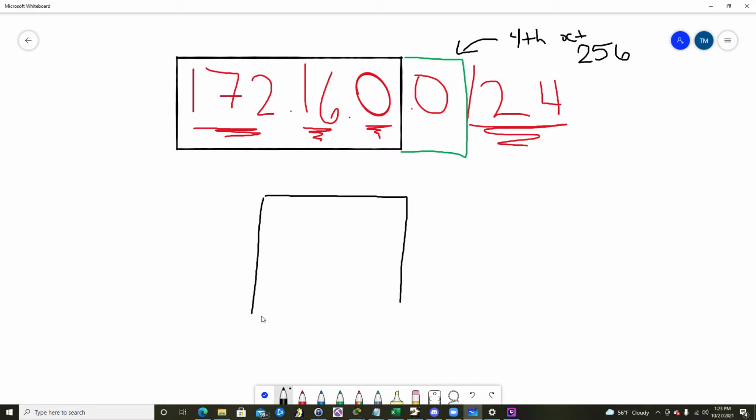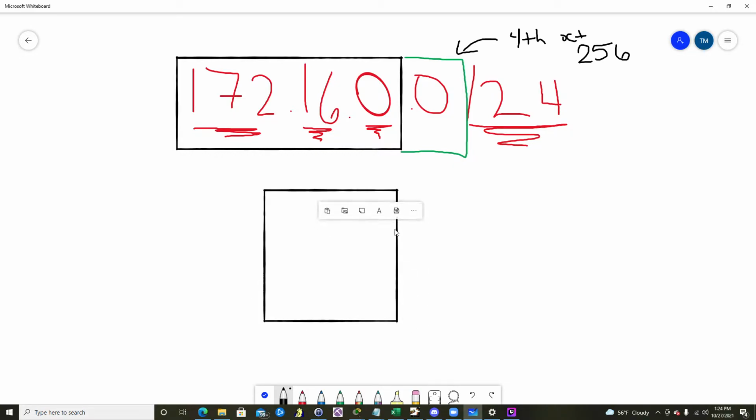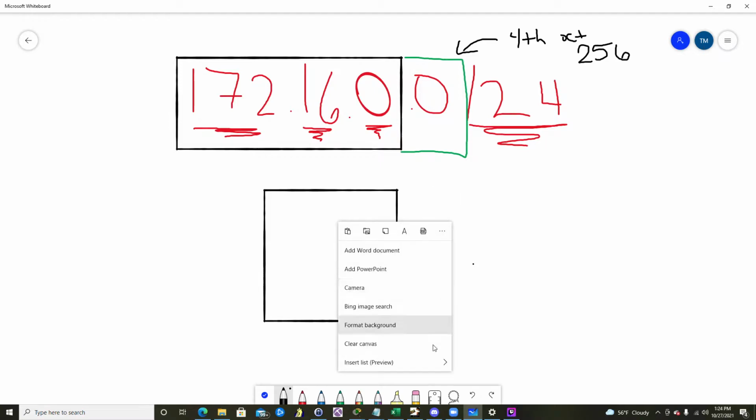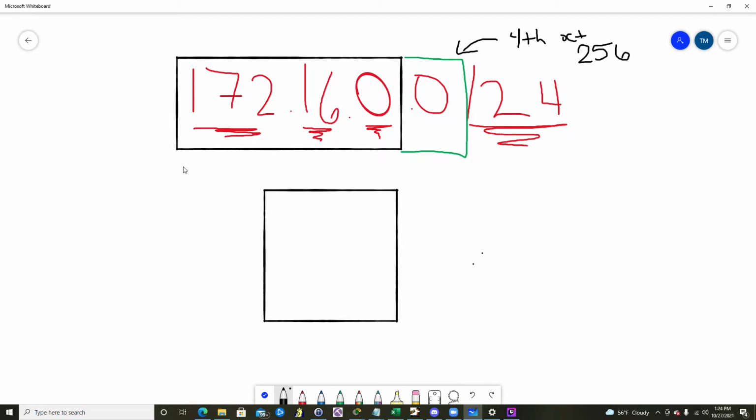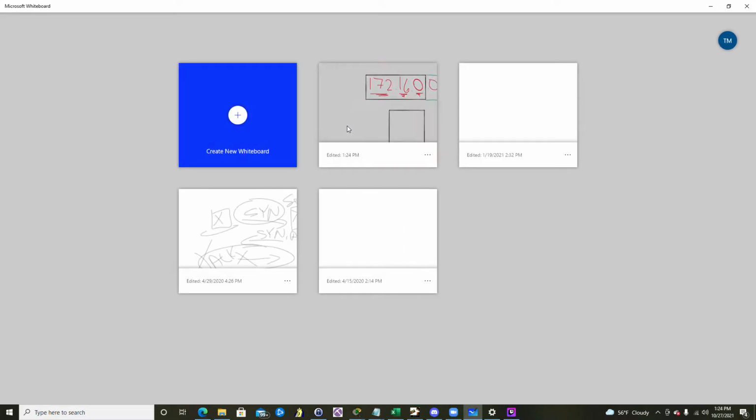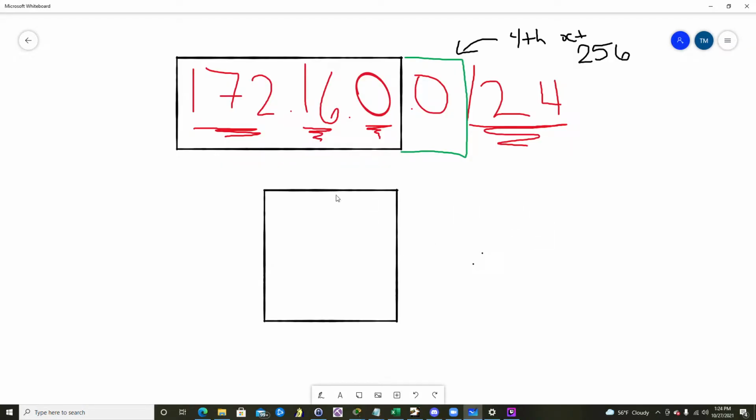So we're creating this initial block of 256, starting with 256 IP addresses, and we're going to be dividing this up into different categories.